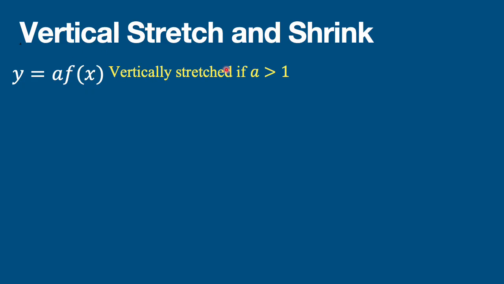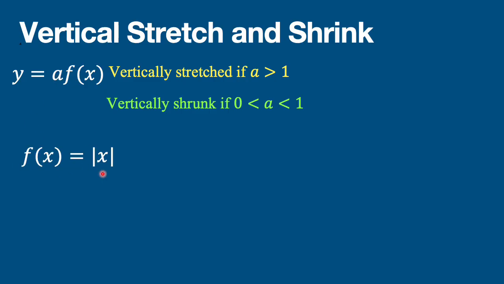If the a value is greater than 1, you stretch it. If the a value is between 0 and 1, you shrink it. So very carefully see, in front of f of x, you multiply by a value, that's vertical stretch and shrink.